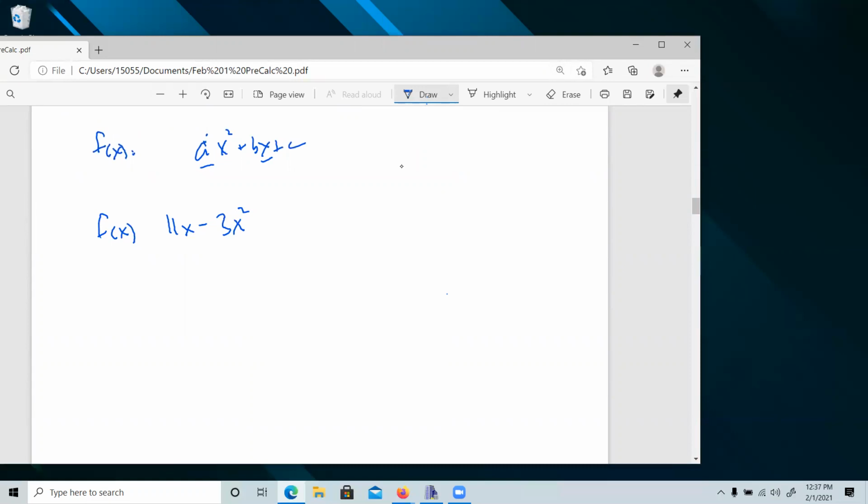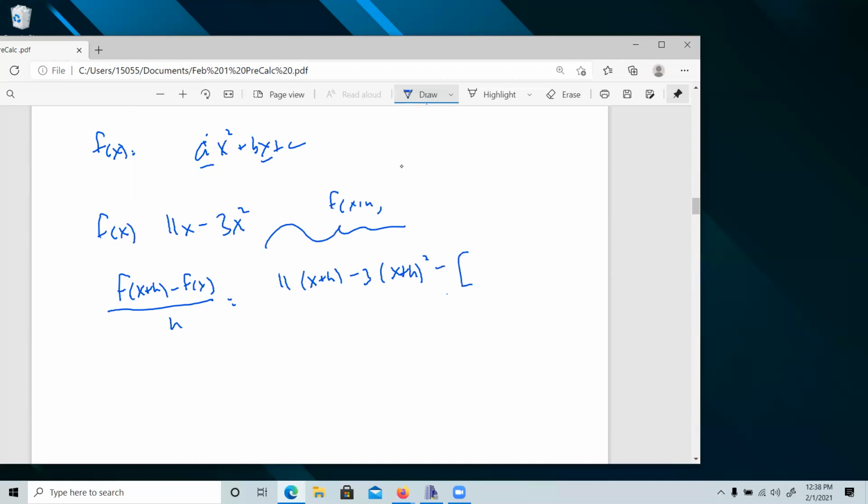So, difference quotient: f of x plus h minus f of x, all over h. That's 11 times x plus h minus 3 times x plus h squared, minus 11x minus 3x squared.